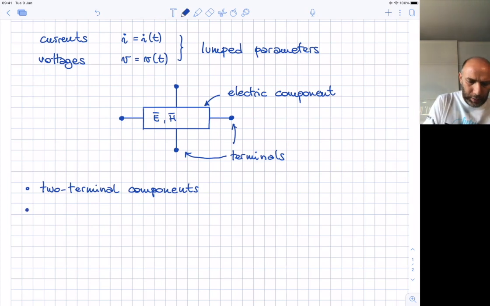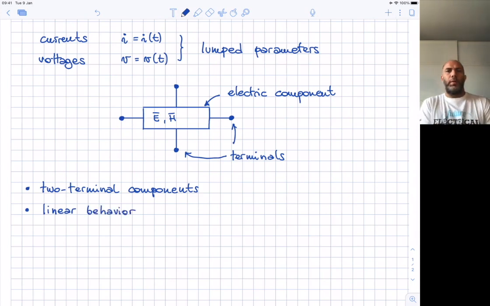And we will study only components that have linear behavior. So, in other words, the equations that rule in electric circuit are linear.